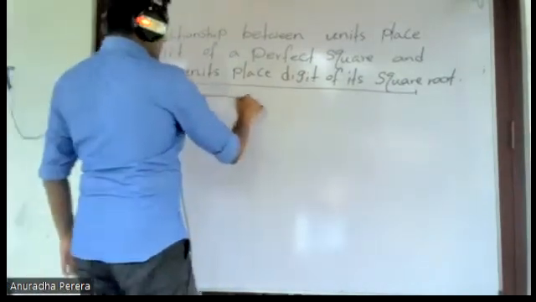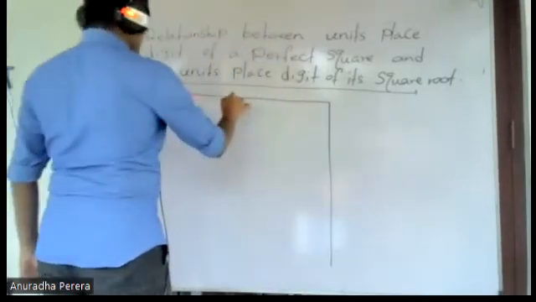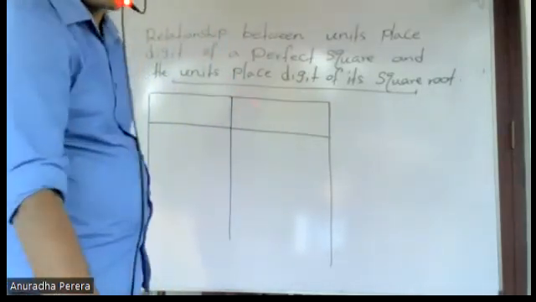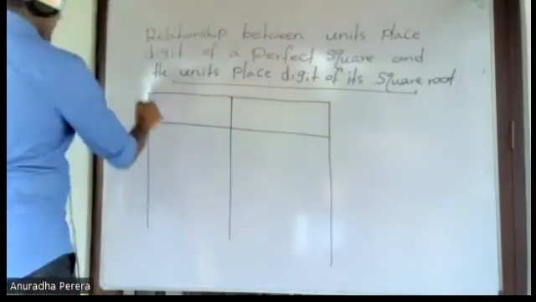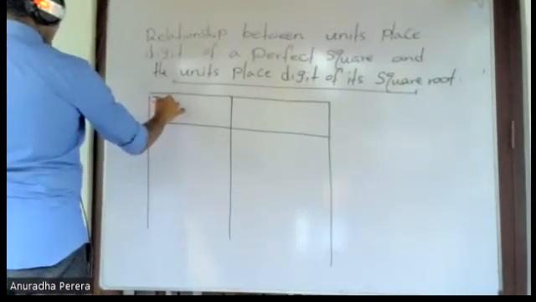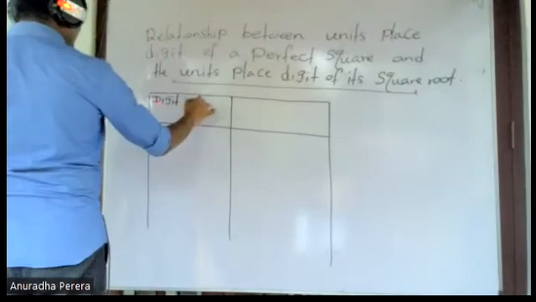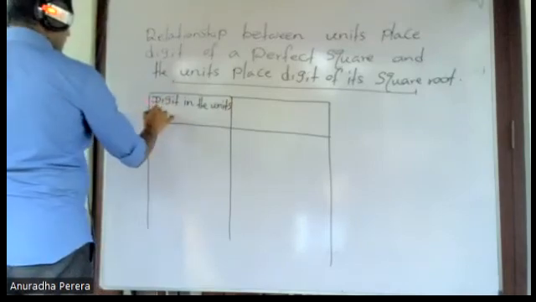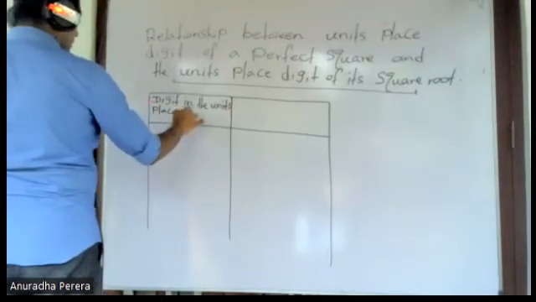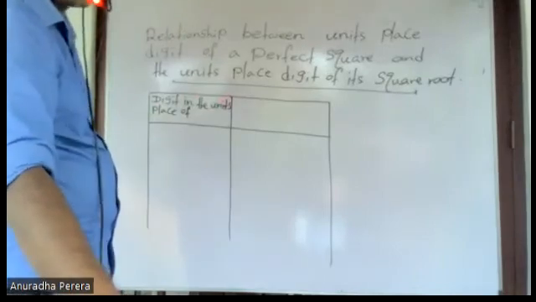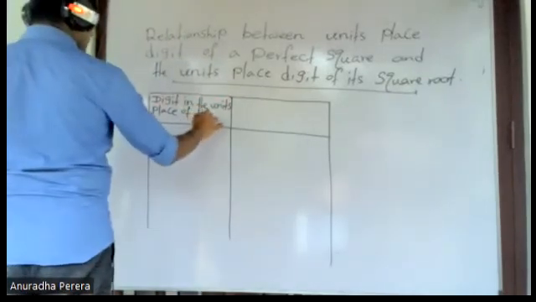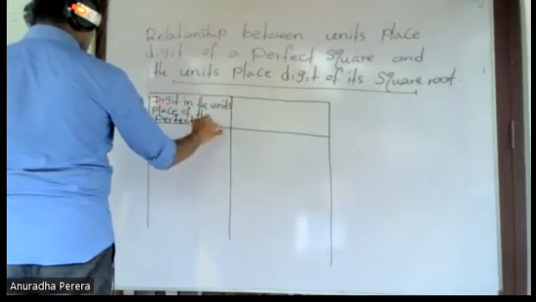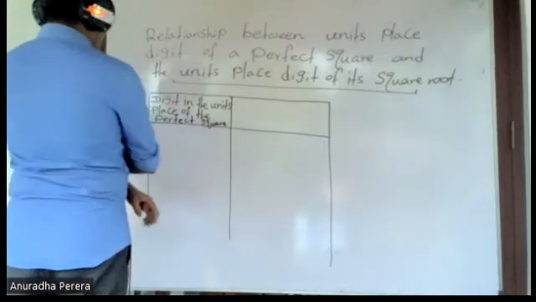For the table, මේ table එක අඳ ගන්න. Digit in the units place of the perfect square.